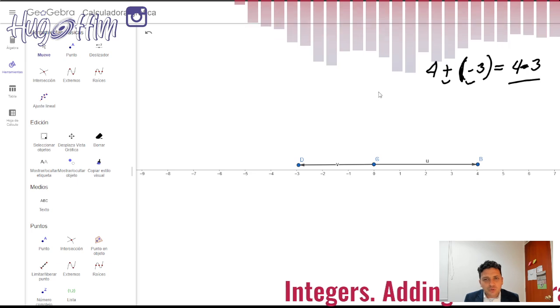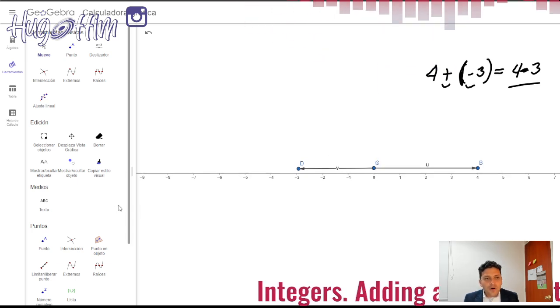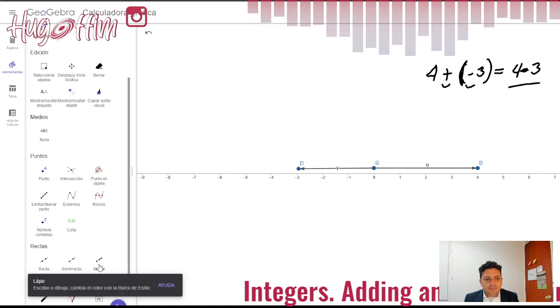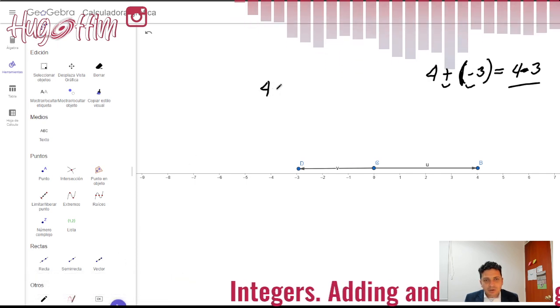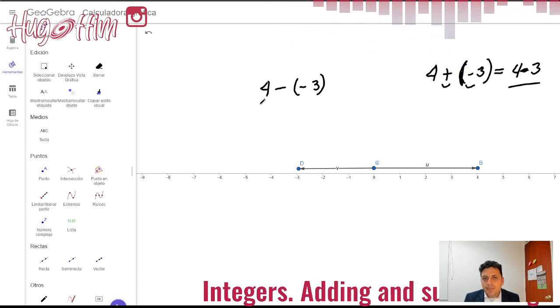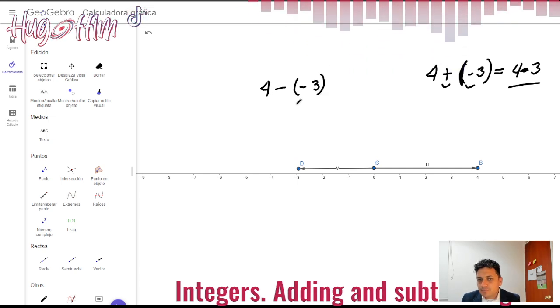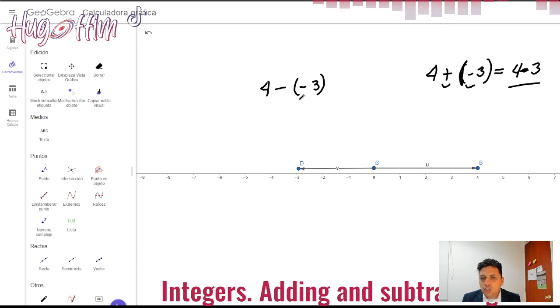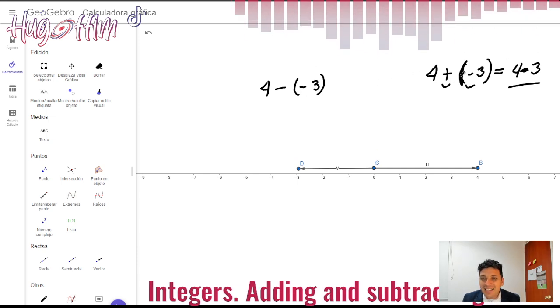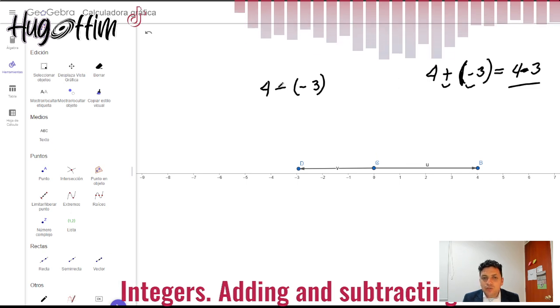Let's say that I'm going to do the operation 4 minus 3. I want you to think in these terms. 4 minus 3. If we understand that adding the opposite is subtracting the positive, we can do the same here.